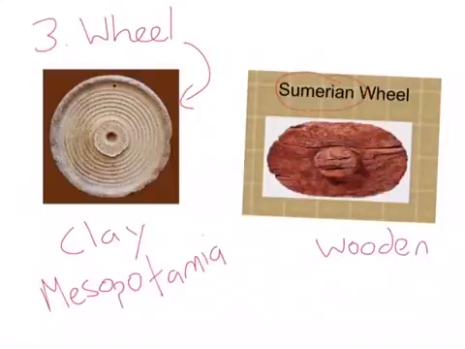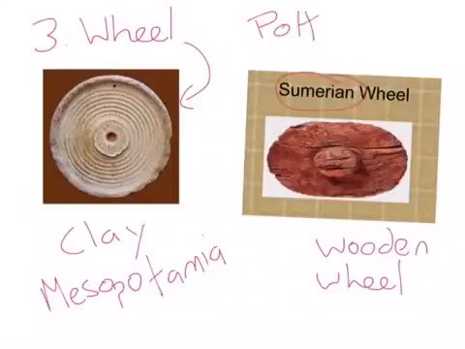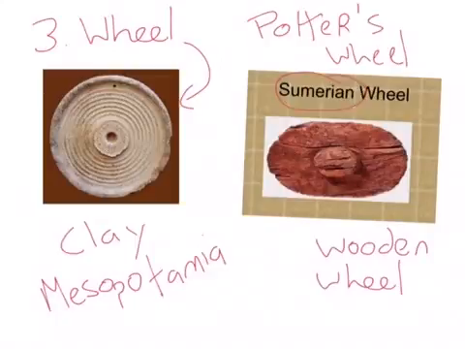Sumer is a place in Mesopotamia. And they got the idea of the wheel from the potter's wheel. So when they were making pottery and ceramics, they created this wheel to help them shape the ceramics, and then they realized that if they put it on its side, it rolls, and therefore could be used to transport things.